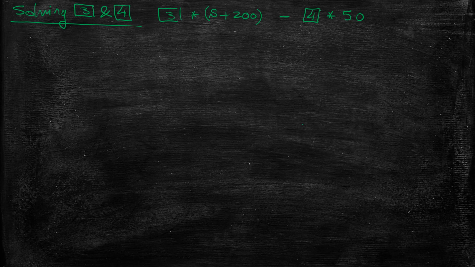So let's solve equations number 3 and 4 to get values for I1 and I2. Simply, we can go step by step. I can multiply equation number 3 by s plus 200, and multiply equation number 4 by 50, and subtract both of them.